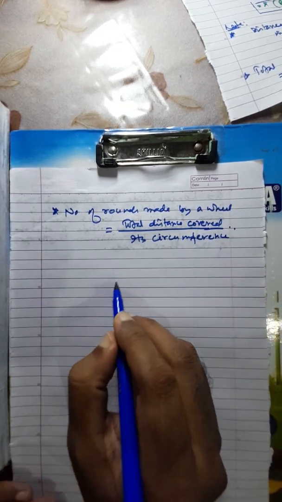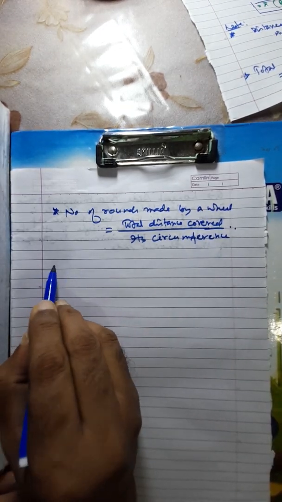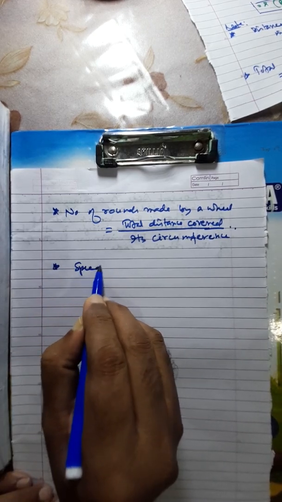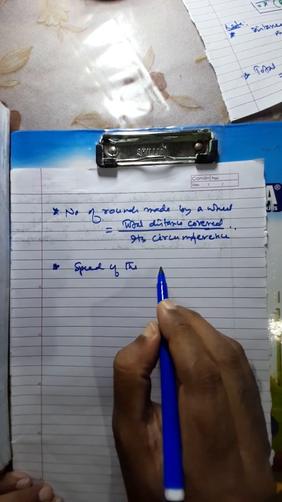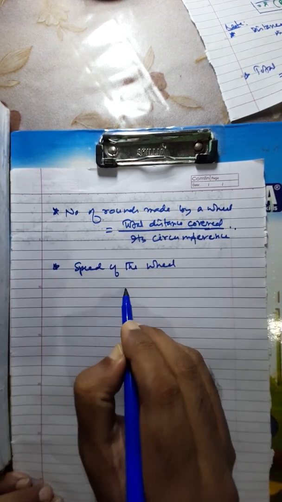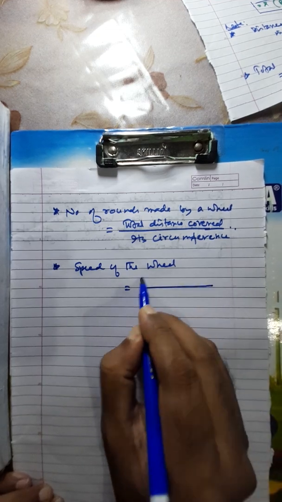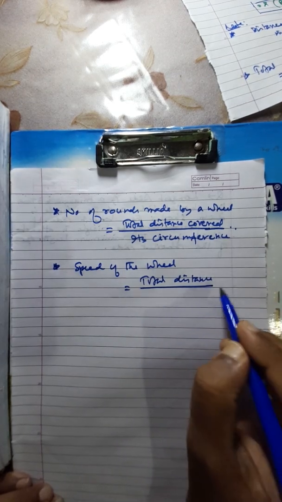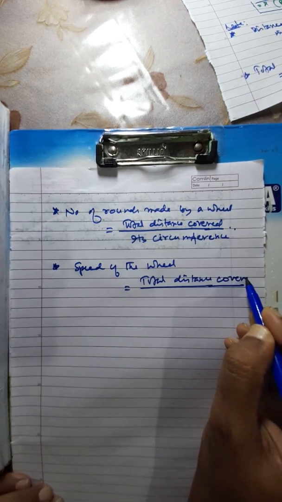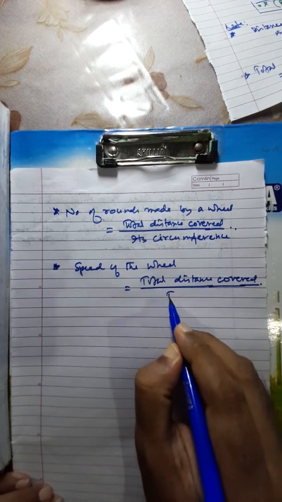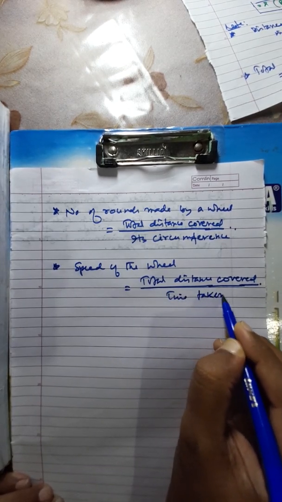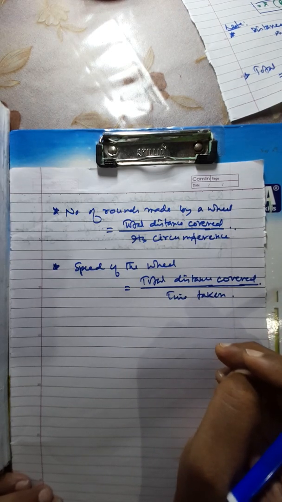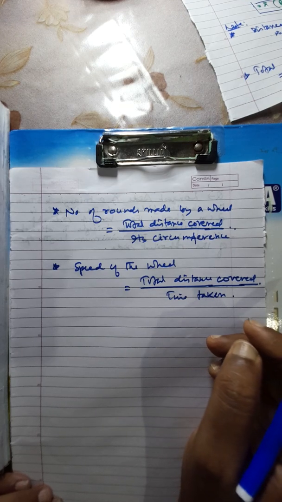Next point you have to remember: speed of a wheel is nothing but what? Total distance covered divided by time taken. Okay. Total distance covered divided by time taken, that is speed.